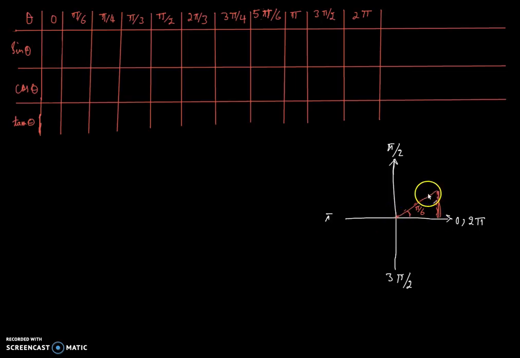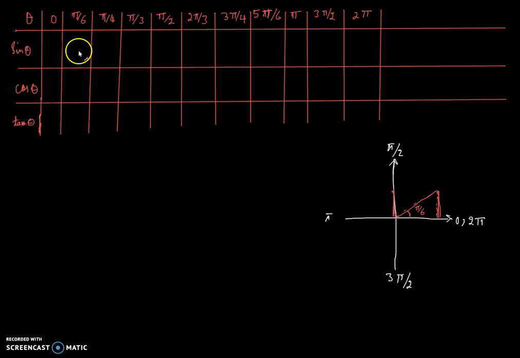Now if you take r as 1, because it's a unit circle, then you need to know the value of this length y. If you divide this by 1, you get the value of sine pi by 6.